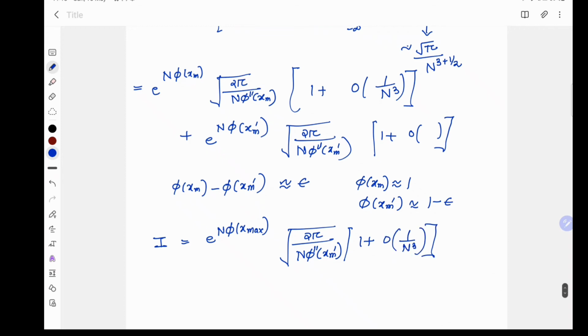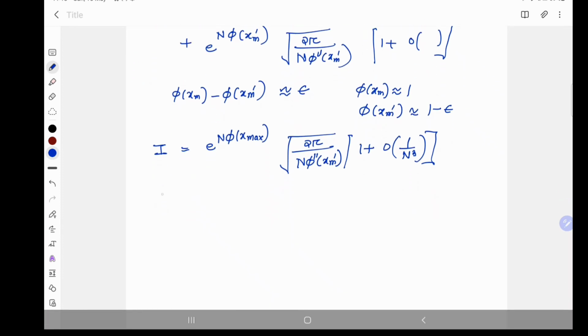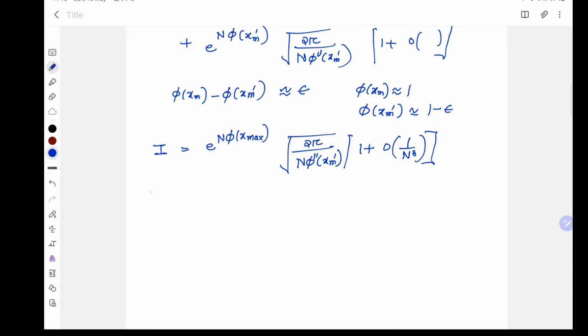Now you take the limit, let us take the log. So you can see the importance of taking log here.